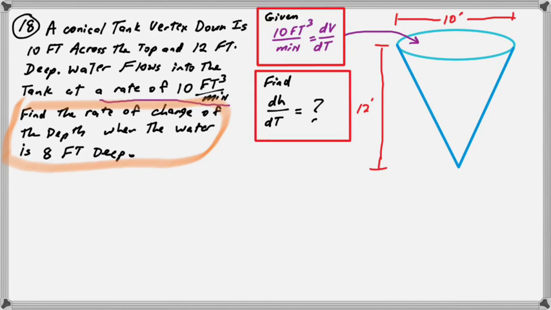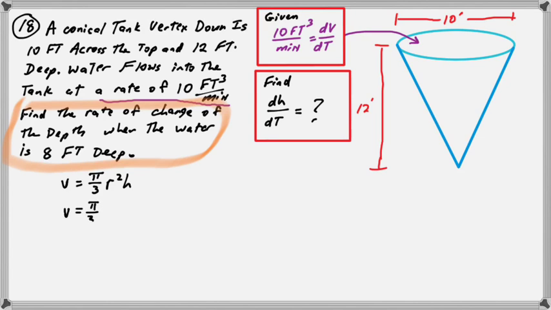Now this is a cone and they're talking about volume, so I probably need my volume formula for a cone. And it is 1/3 πr squared h. Again, they want the rate of change of the depth, so they want dh and dV. So they want h and V. Which one do we not want in this equation? The one that's not mentioned, which would be r.